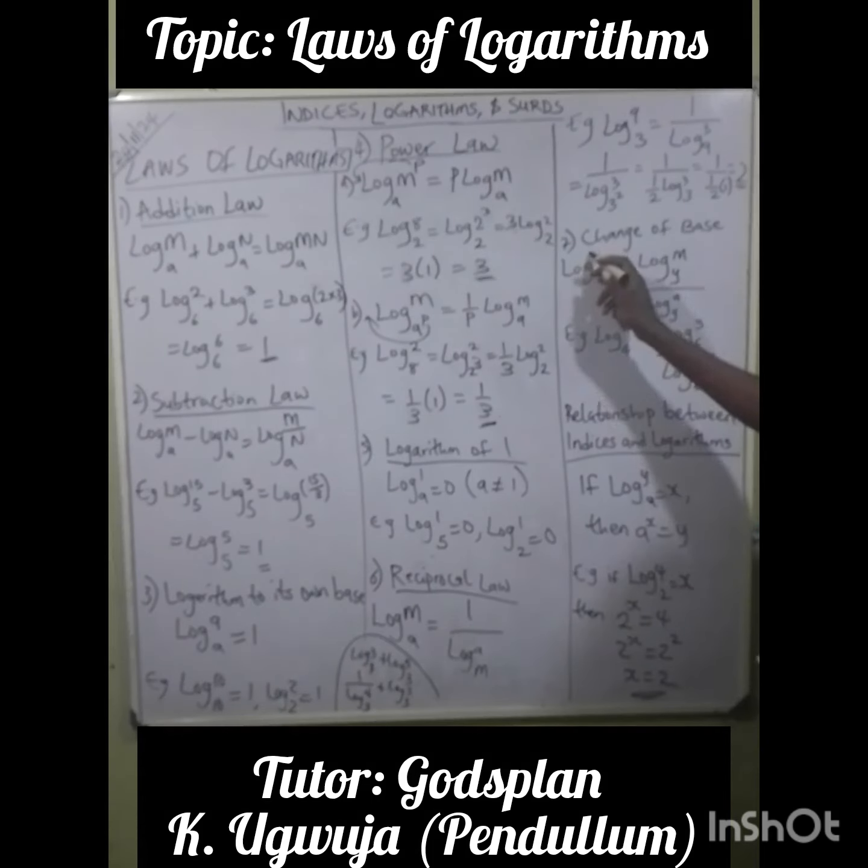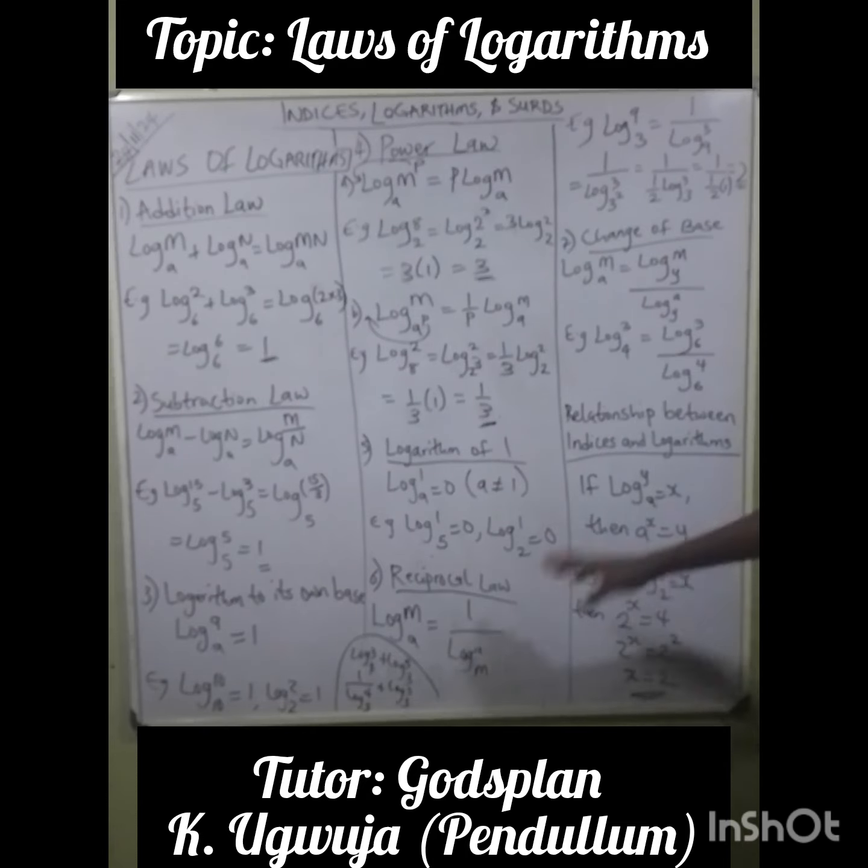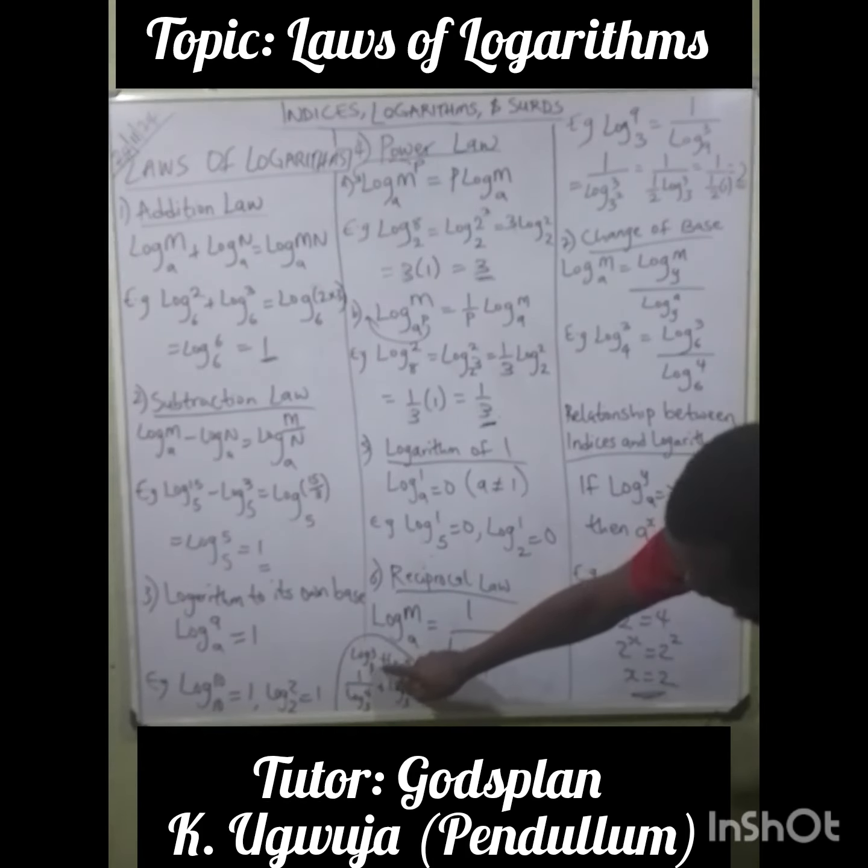All right. Now we have change of base. That's the last law. What if you want to change a logarithm from one base to a completely different base? It's a bit different from this reciprocal, because with reciprocal you are restricted. You cannot actually change to a different base. You can only interchange the position of the two numbers here.